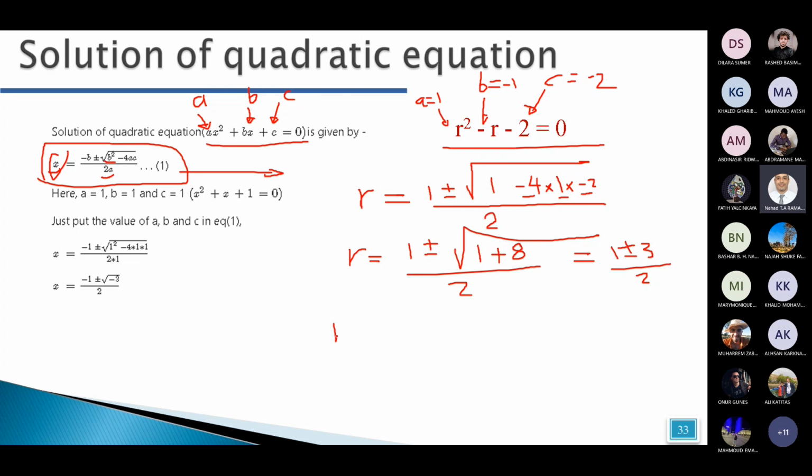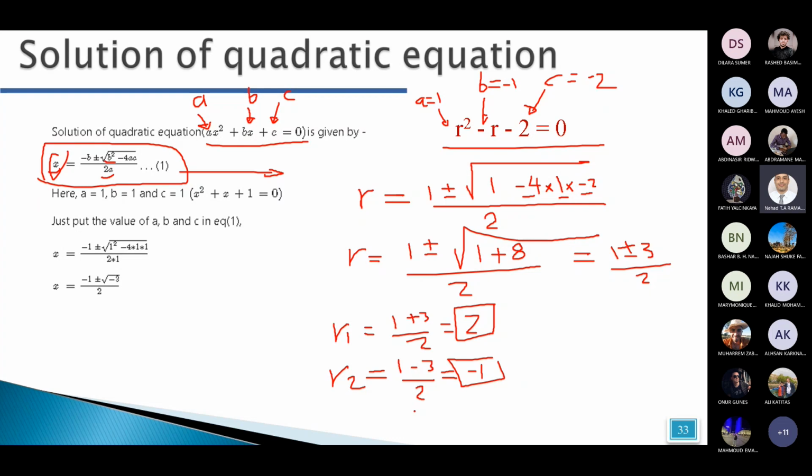Okay, so we have two solutions. r1, when we have plus, is 1 plus 3 divided by 2, which is equal to 2. This is the first solution. r2, when we have minus, equals 1 minus 3 divided by 2. 1 minus 3 is minus 2, divided by 2, it's minus 1.